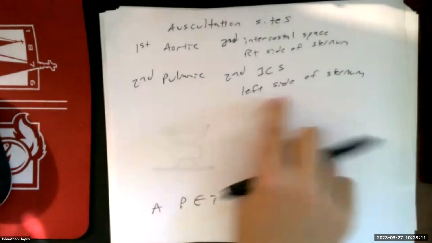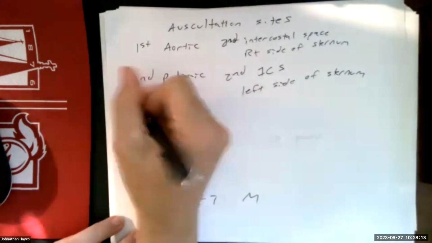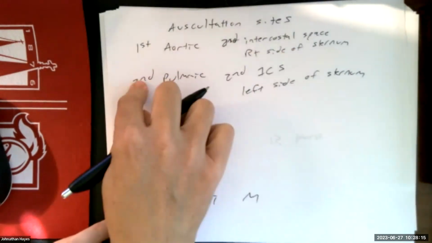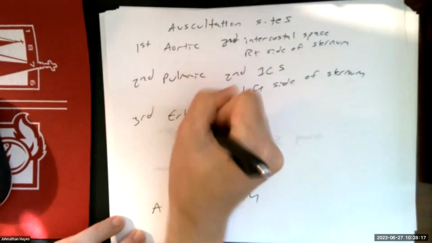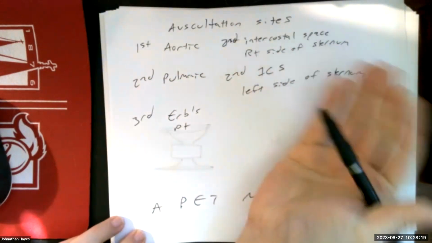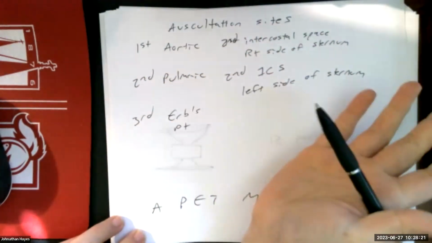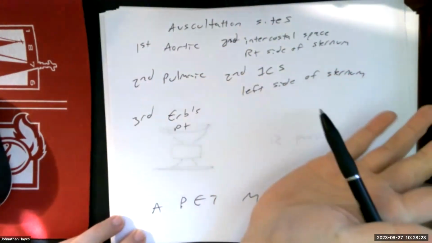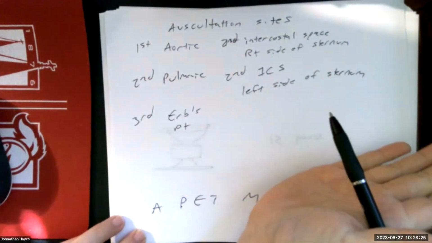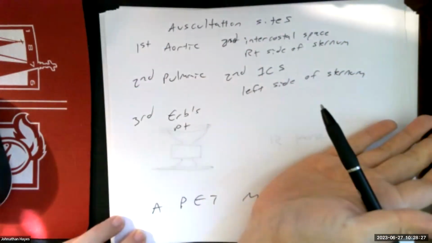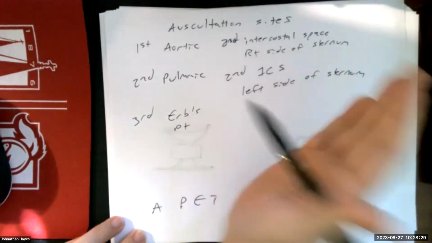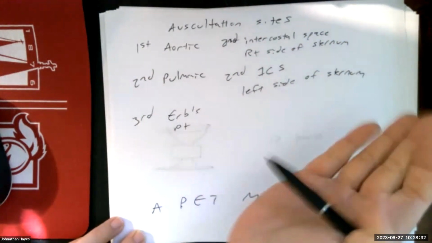So second intercostal space, left side of the sternum. Your third auscultation site is going to be what's called Erb's point. It's a place where they'll say it's the best place to hear this or that. It's more or less a place where you're in between the AV valves and semilunar valves, so you can hear both of them equally, right?